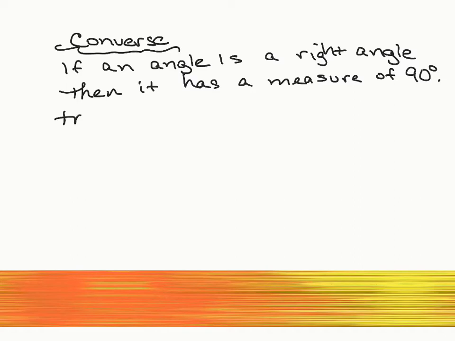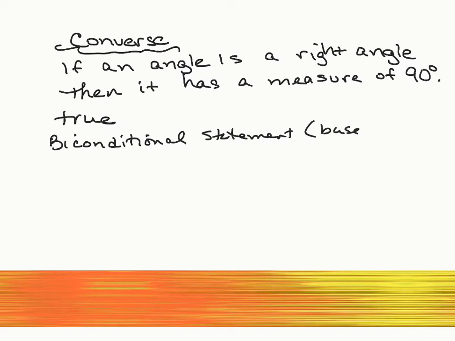This is true. Because both my conditional and converse are true statements, I can now turn either the converse or the original conditional into a biconditional. I'm going to show you based off the original and based off the converse. Since I have the converse right here, I'm going to write my biconditional first based off of the converse.